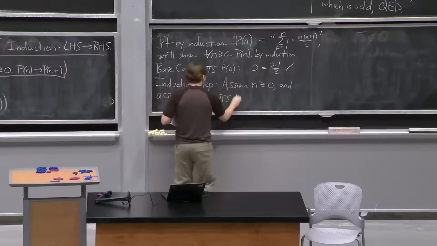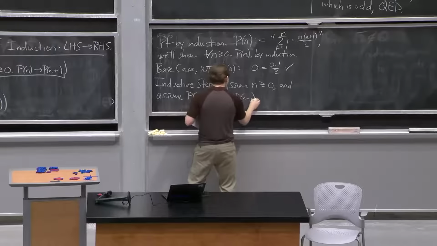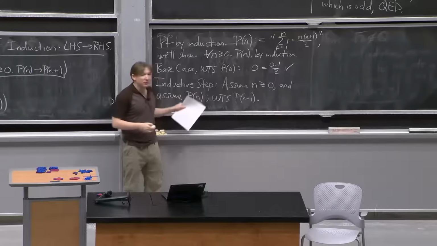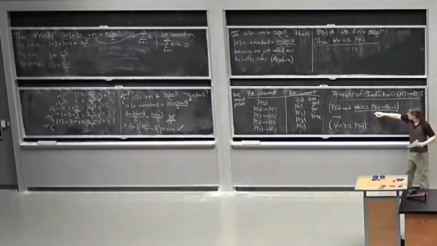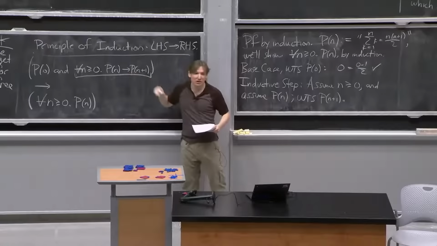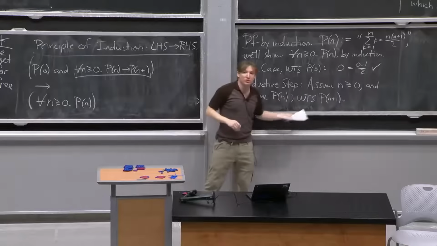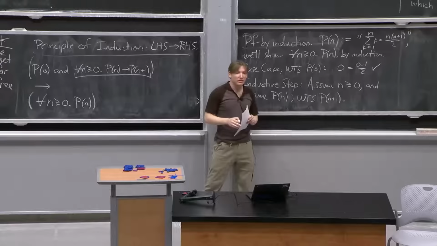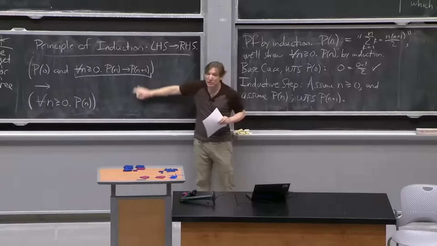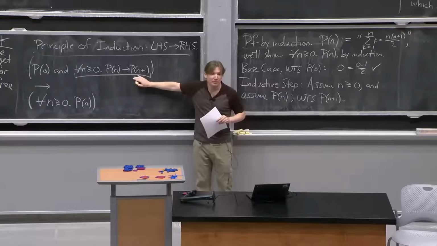We want to show Pn plus 1 is true. And notice what we just wrote is exactly the unpacked outline for this theorem. It starts with for all, so assume n. It then has an implication, so assume the left side. Let's prove the right side. Right? The things we write when we're doing a proof by induction are not magic. They're just unpacking this. And now we can do it.